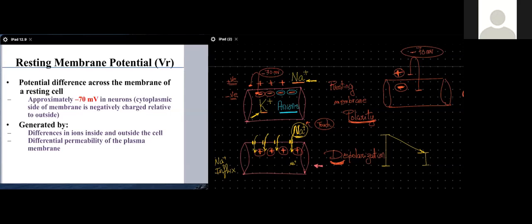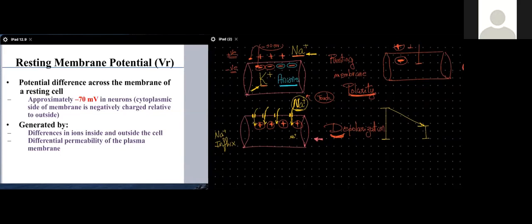Inside is becoming, again in a depolarized state, more positively charged or more negatively charged? What do you think? Inside of the cell membrane is becoming more positively charged or more negatively charged? More positively charged. And what is the ion responsible for the depolarization of the cell?